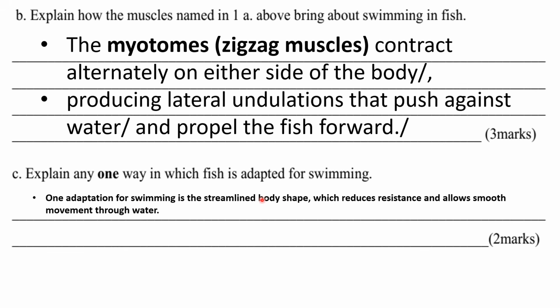This is the most common one to reduce resistance. So by saying it has streamlined body shape, 1 mark. To reduce resistance, another mark. Or to reduce drag, the force due to water resisting the motion of the fish. It's called resistance or drag.